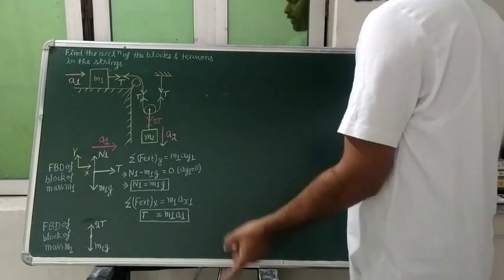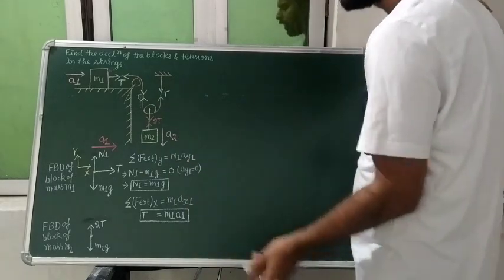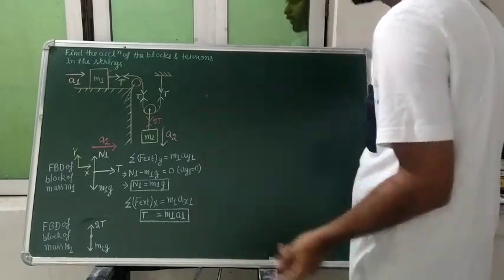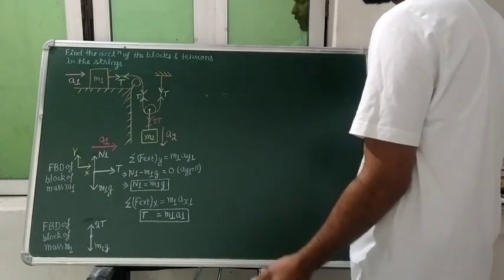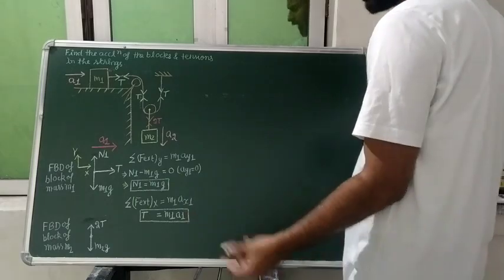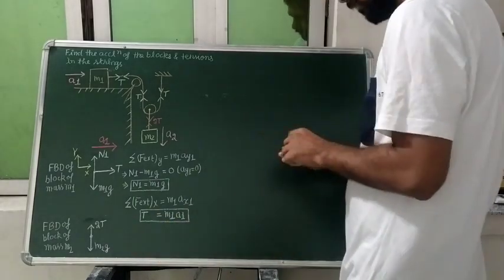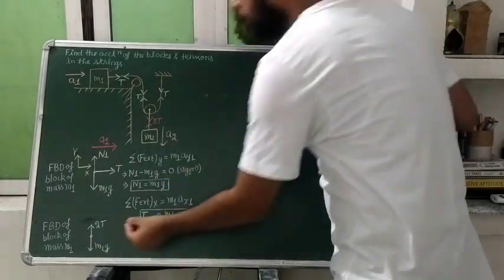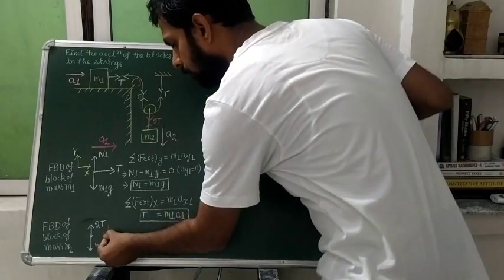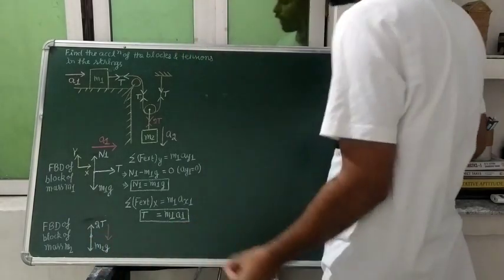Obviously, students, only these are the external forces acting in the y direction. The forces will act in the y direction only, and no forces are present in the x direction. And obviously, students, the block is accelerating downward.